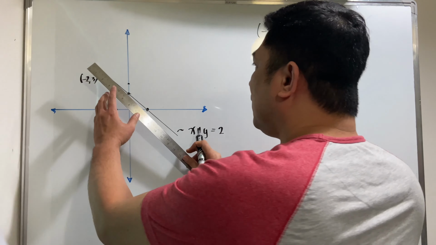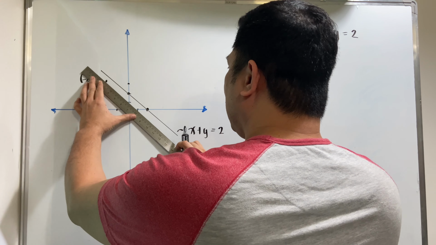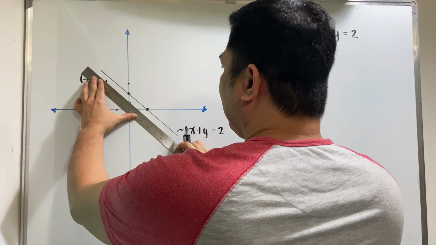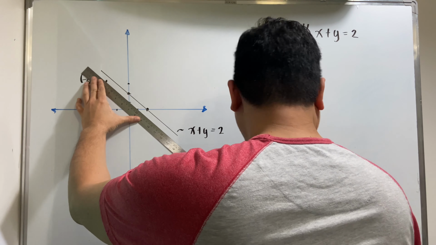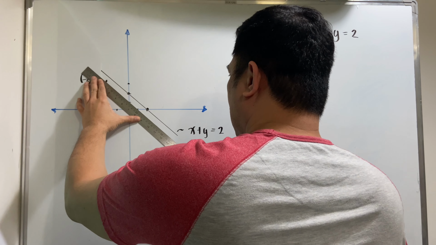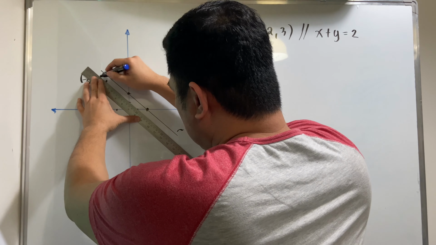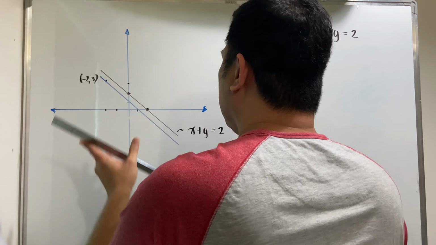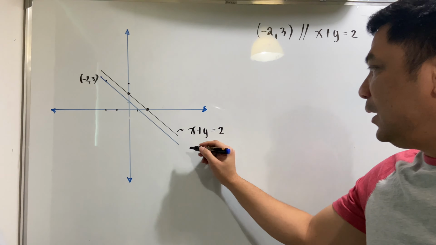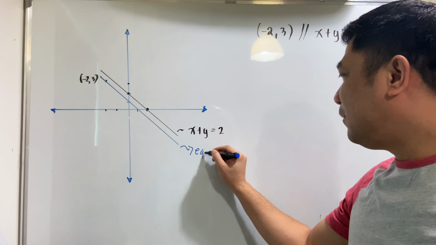So most probably the line is like this since it is parallel. So let's try to mark this one as this line. Okay. So this one. So we need to know now the equation of this line.